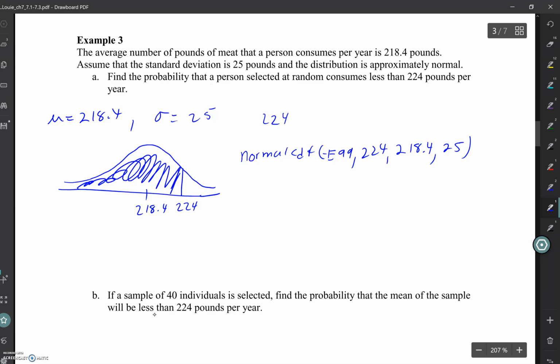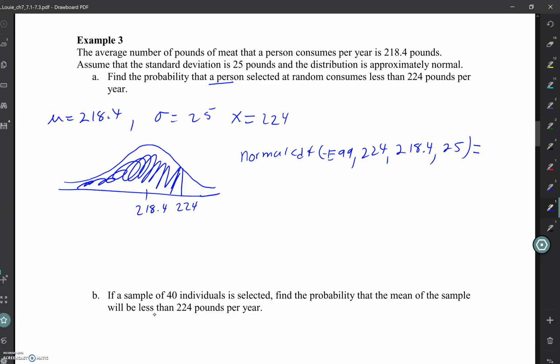Because it's one person. And nowhere did it tell me that the mean they consume is less than that amount. So I only have one mean, which means this is an X value rather than an X bar for a mean, a second mean. So this one's just one person.